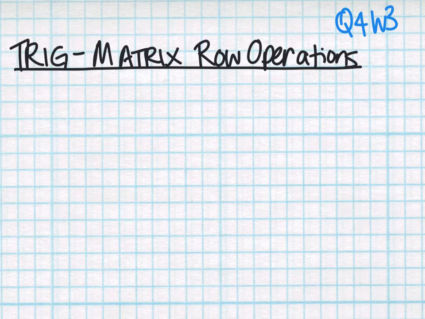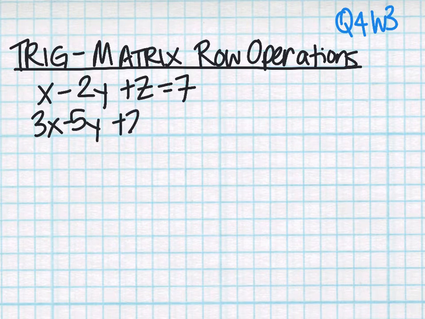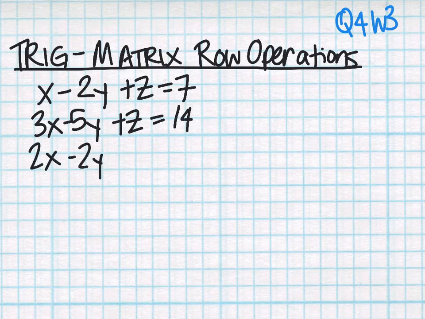So if you think back to last week and the last example we did, we had a system of equations that looked like this. X minus 2y plus z equals 7, 3x minus 5y plus z equals 14, and 2x minus 2y minus z equals 3.